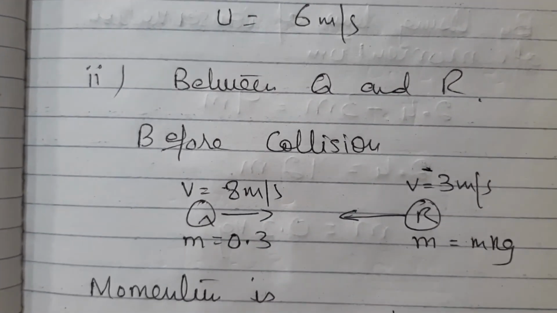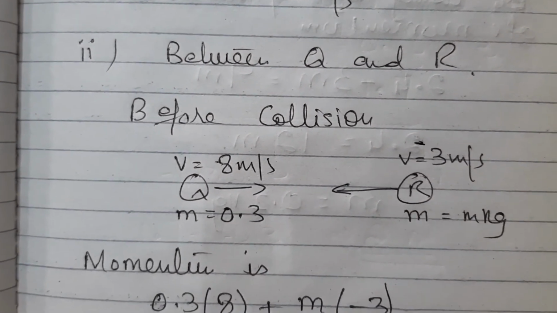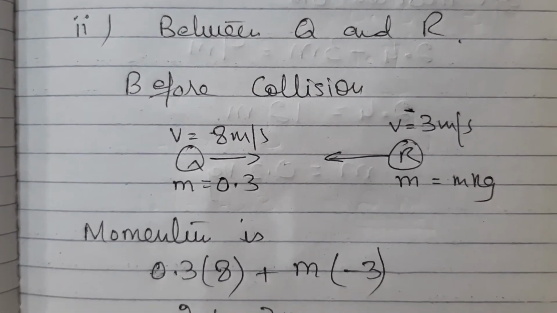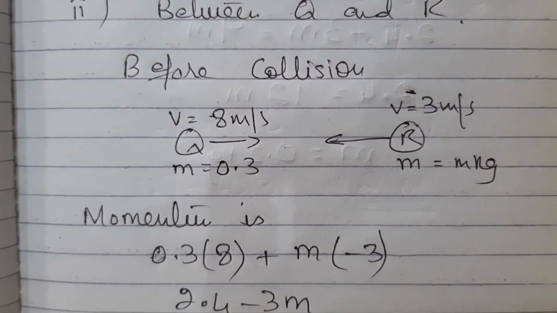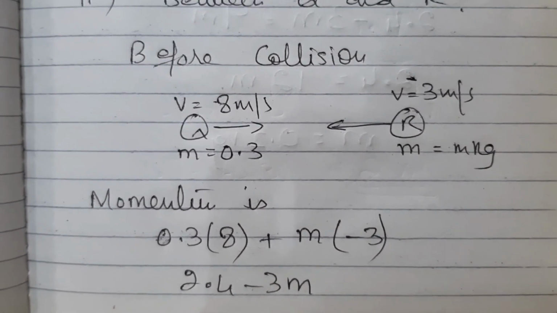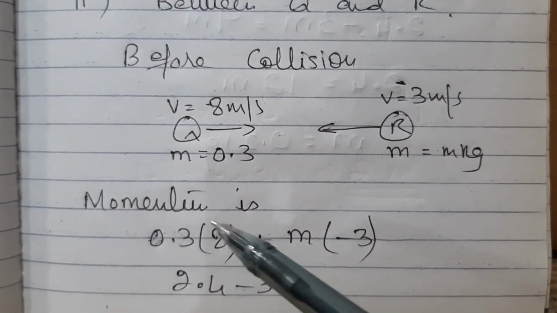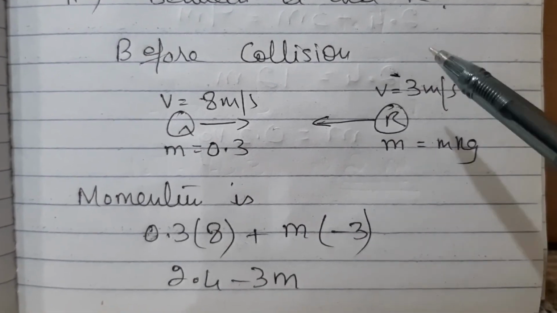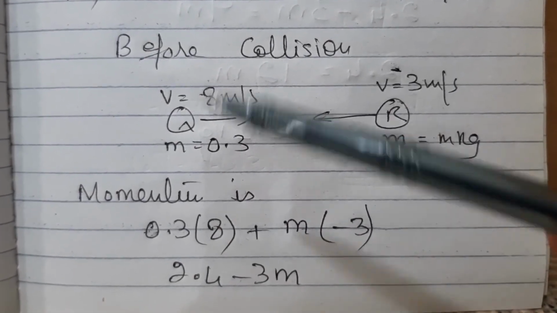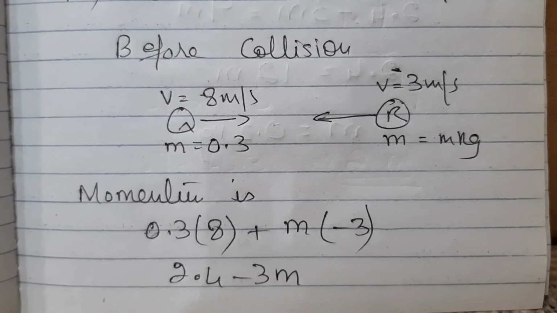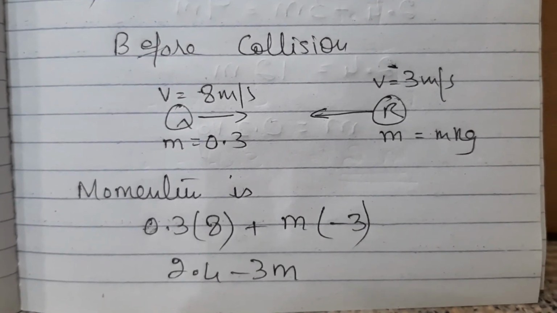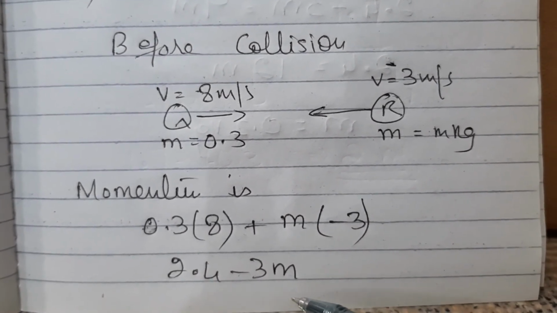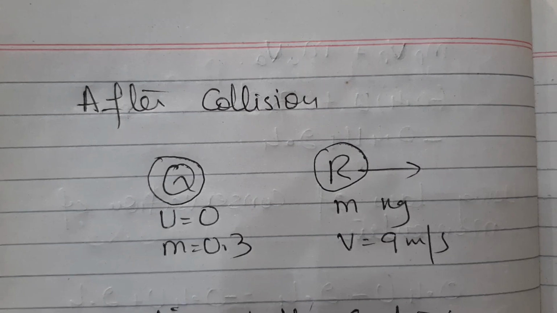So this is the velocity and mass of R. So the momentum before collision between Q and R is this, right? What I have done is mass into velocity of Q, plus mass into velocity of R. You can see from here I'm plugging in these values, right? So I got this momentum before collision between Q and R.